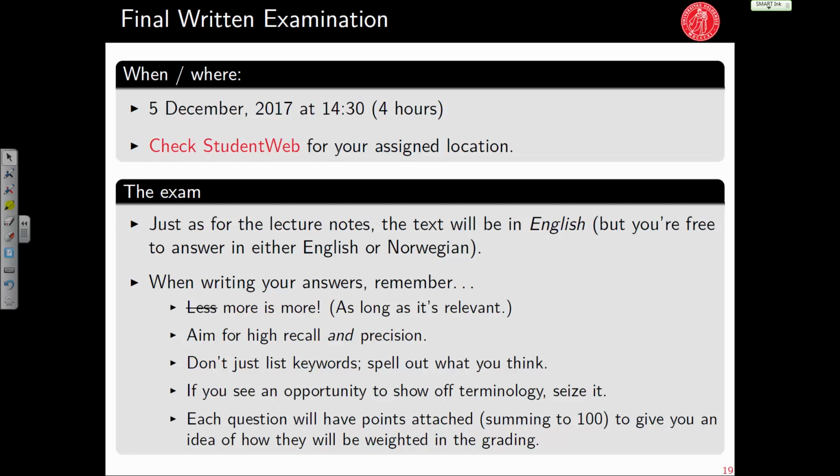And when you get the exam, you will find the distribution of the points. Each question will have a number of points, all of them summing up to 100. This will give you a way to strategically decide where to start. There is no specific limit on length; it follows the distribution of the points. If in a year we give a very difficult exam, the grades will be pushed down, so we will have to adjust.